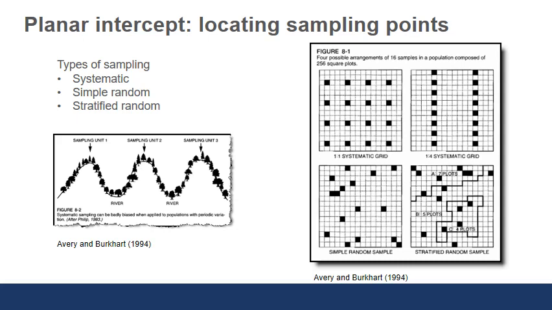The second type of random sampling is stratified random sampling. Stratified random sampling involves dividing the population or area into subpopulations of known size and sampling within each subpopulation. Avery and Burkhart, 1994, state the following.